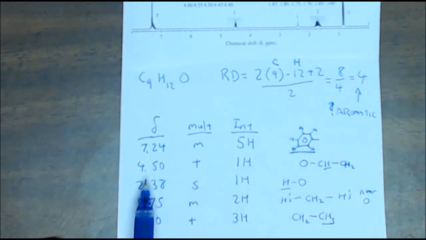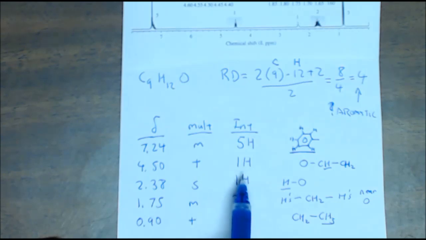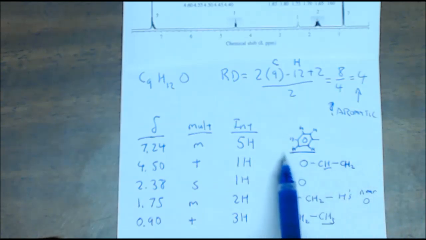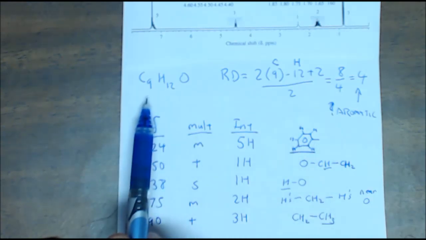Okay, now down here at 4.50, I've got a triplet, and it integrates to 1. So I know that there's 1 hydrogen on there. It's a CH. It's connected to a carbon, and it's a triplet, which means that it's next to something that's got 2 hydrogens. And I'm thinking, because of the lack of atoms that I've got, because I've included 6 carbons up here, I've only got 3 more to make an accounting of.